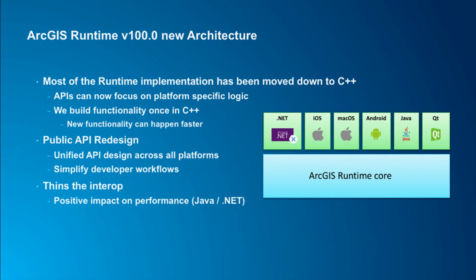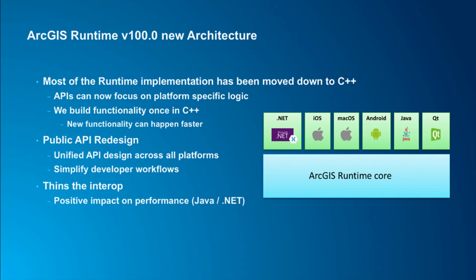So the new architecture at Quartz, or version 100 of the ArcGIS Runtime, 100.0, basically most of the implementation has been moved down to C++. Like in the older versions, Runtime Core provided an API for the APIs themselves to bind onto, and then they built a lot of their implementation up at the API base level. But this kind of led to a little bit of discontinuity between the APIs, and every time we build something in the core, every API would have to rebuild it themselves up at the upper levels.